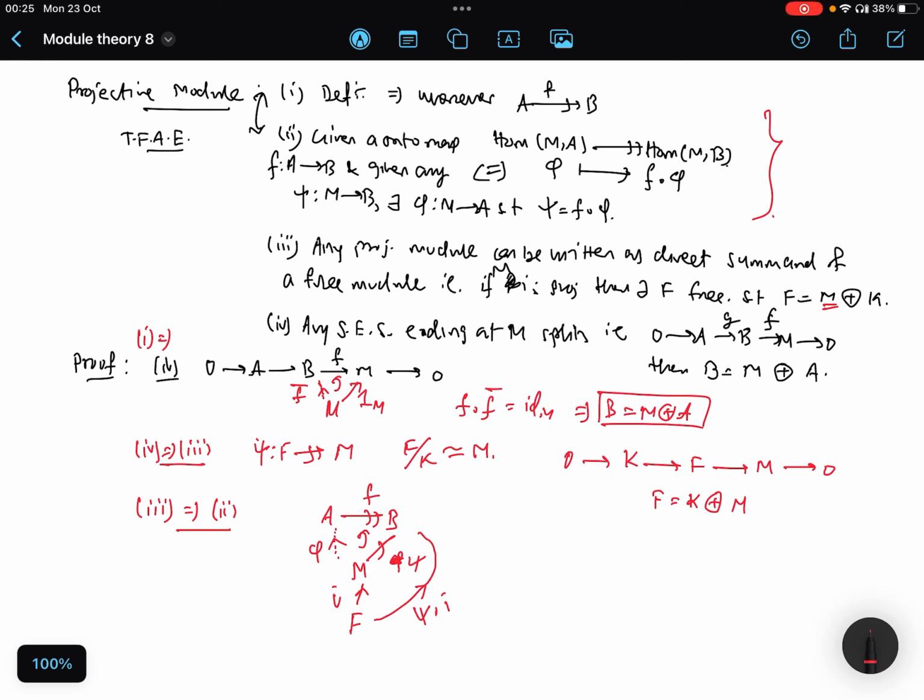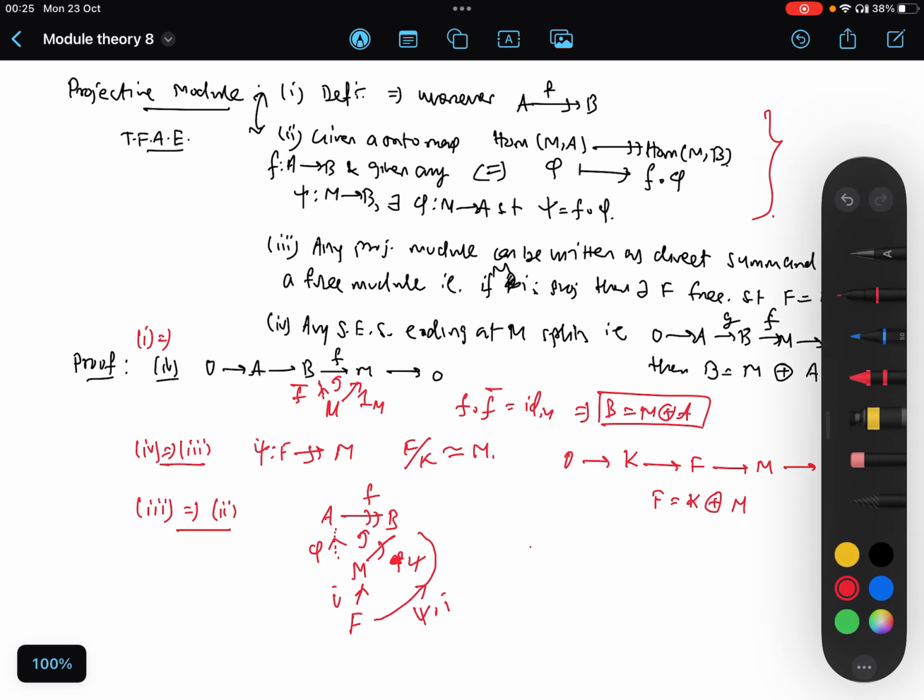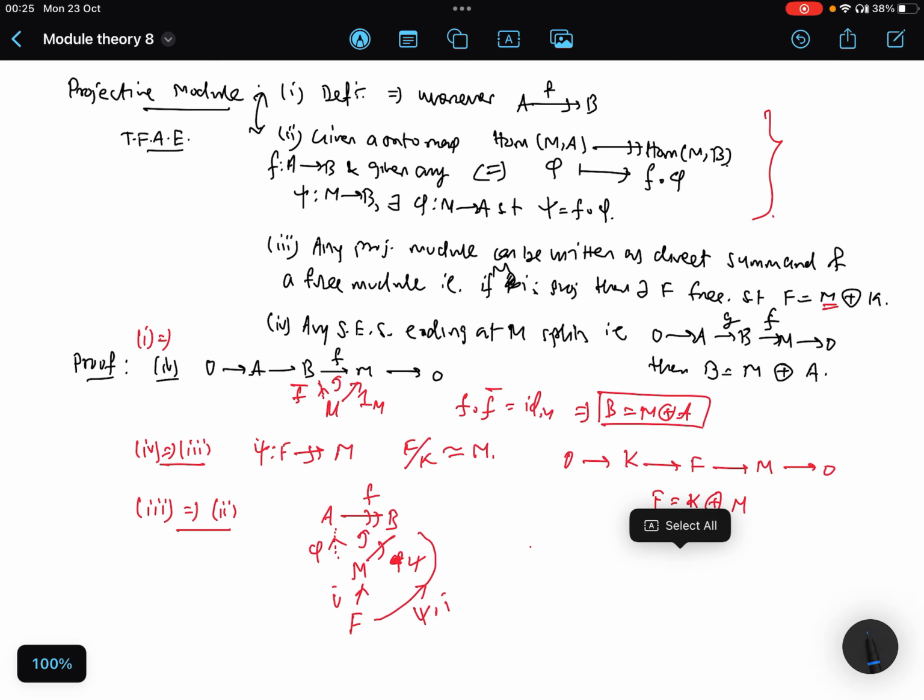And that is pretty obvious because, take any element x from F, and you can map it to B via this psi composite I. And remember, f is surjective, so this will have some pre-image, some small a.